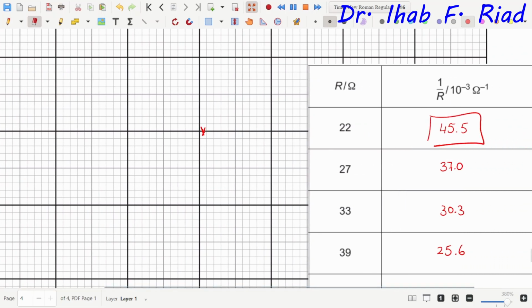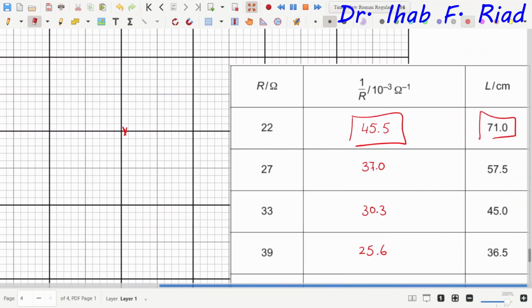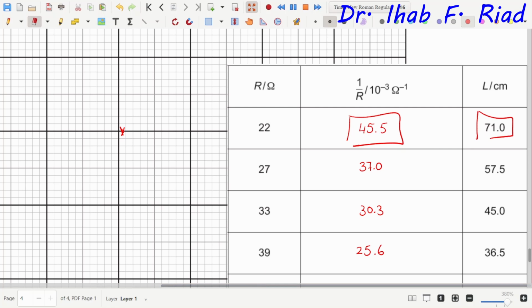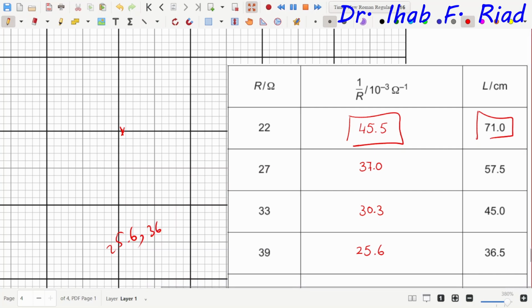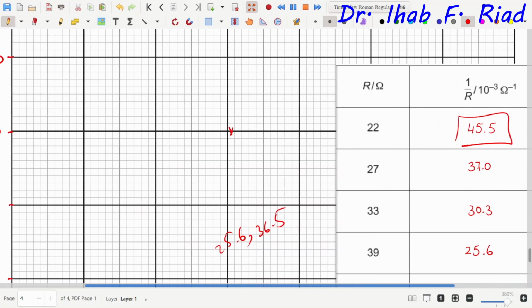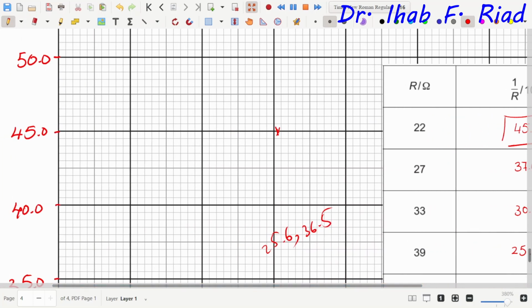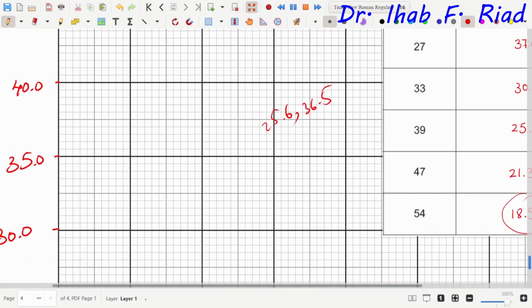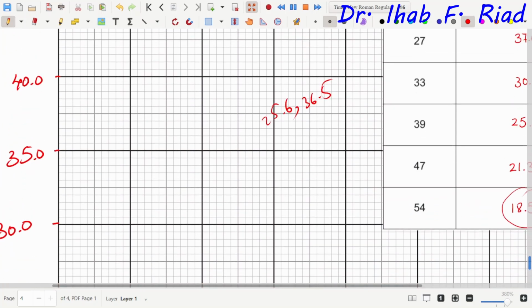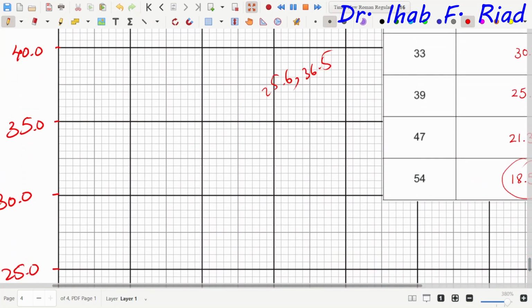What about the other one? So it is 25.6 and 36.5. 25.6 and 36.5. So it is around here.